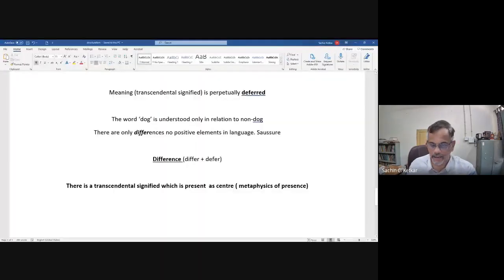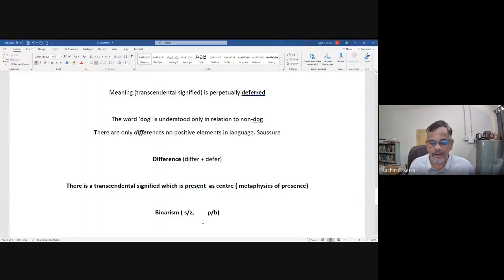Therefore he says that in structuralism all binarisms, right, S, Z, P, V, you know this, we discussed this, if you remember, S, Z, P, B, all binarisms: dog, non-dog, male, female. So structure, according to structuralism, is based on binarisms of all kinds.